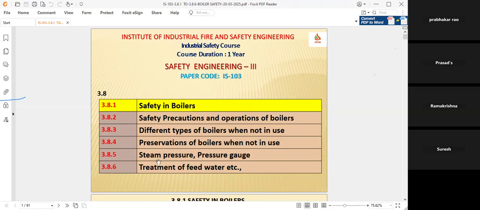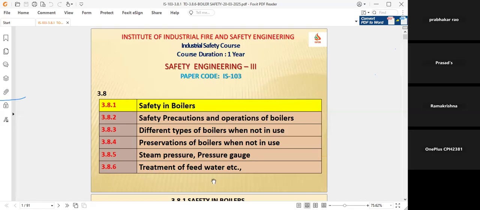Don't mistake it. Steam pressure is also important and the pressure gauge is also important, because if it is not working, what is the alternative? We see whether any manual gauges are there, and whether steam pressure is there or not. We talk to the turbine people, and they decide whether the pressure gauge is calibrated or not.